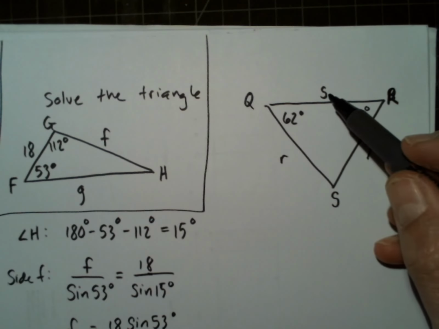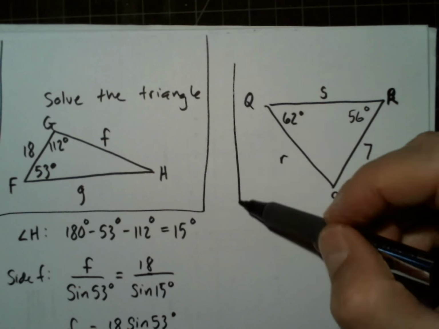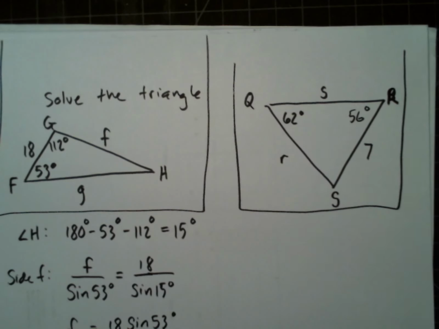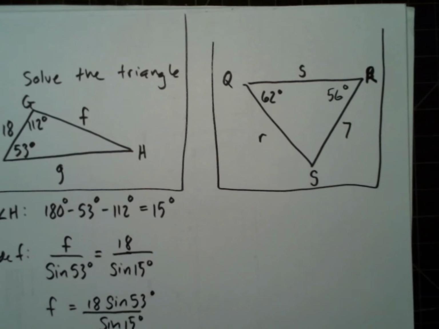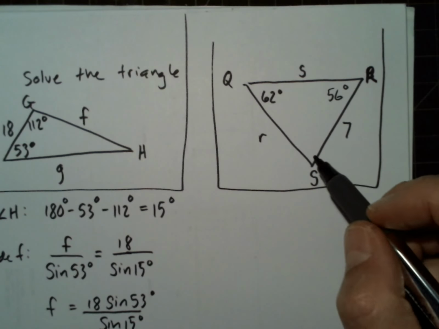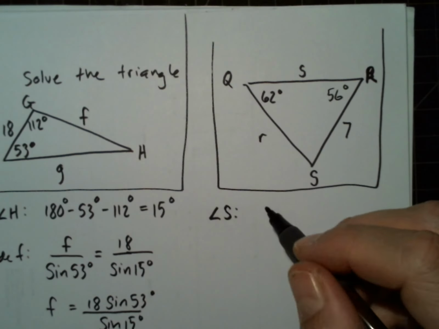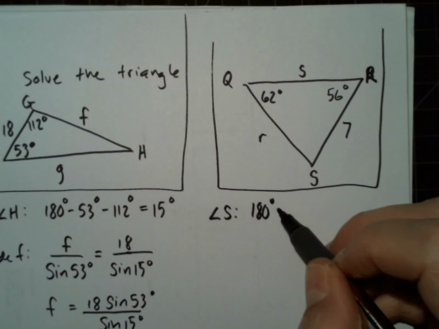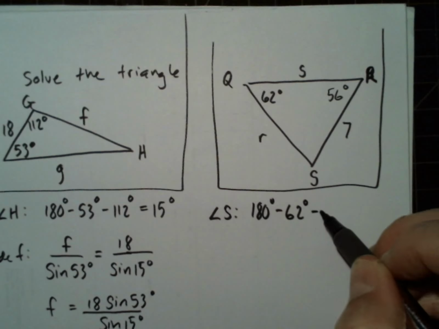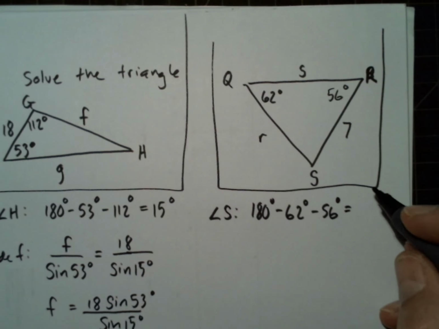Alright, so make sure you know that's an S, not a 5. So we have S there. Pause the video and try that one. So it'd be easy to find angle S. Let's find angle S first, and that will be 180 minus 62 minus 56, and we get 62.